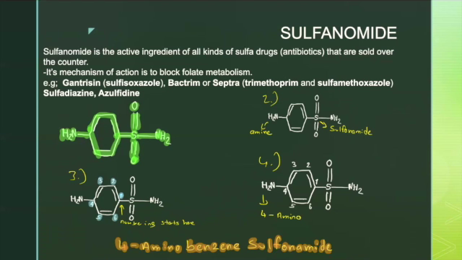If we had more side chains, we would need to arrange them alphabetically, like in the previous examples. But there's only an amino group present here, so we don't need to. Therefore, the IUPAC name of this active ingredient in sulfa drugs is 4-aminobenzene sulfonamide.